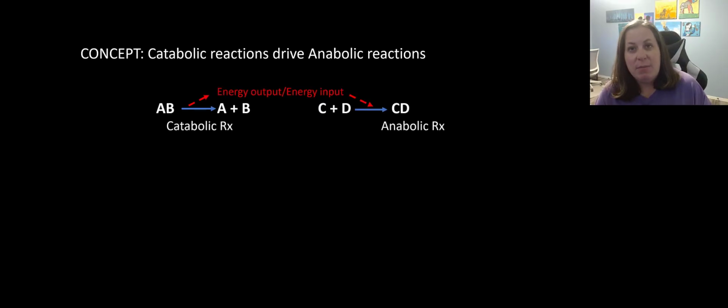So this AB being broken down into A plus B, energy gets released. That energy is used for C plus D to create and build a new CD. So the catabolic reactions are going to be fueling with their ATP the anabolic reactions.